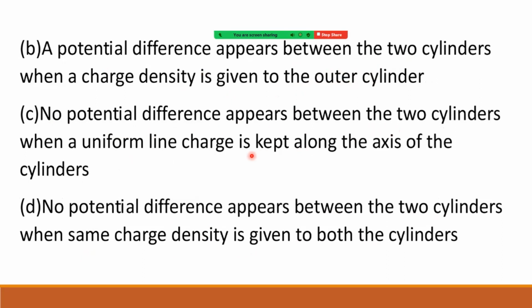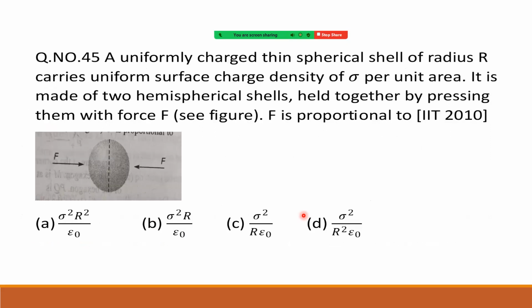C, no potential difference when uniform line charge is kept along axis of cylinders. This is also wrong, it is saying no. And next one is also wrong. You don't need to worry about charge on the outer one. We have to focus only on charge on inner one. We have potential difference. So the only option is A. See next one.